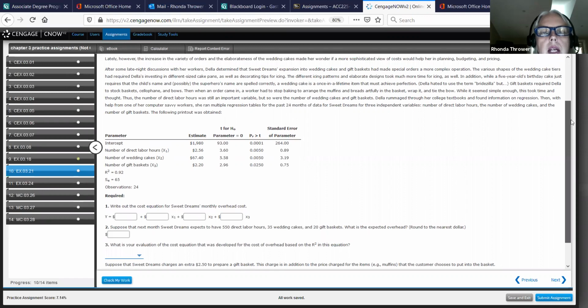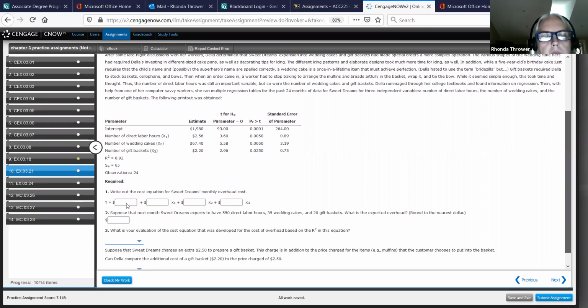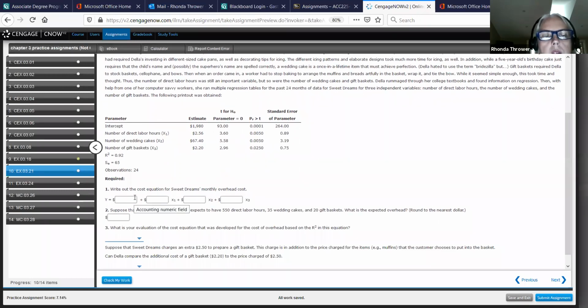And what I did is I copied this information into Excel because you can use Excel to help you to analyze this information. But before we go to Excel, I'm going to go ahead and write out the cost equation so you'll know what we're talking about here. This right here is what would happen when you entered the information into Excel.